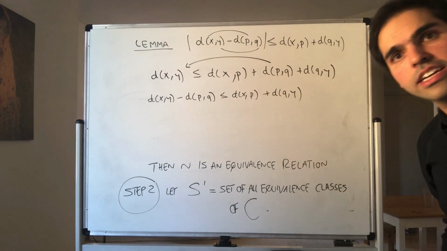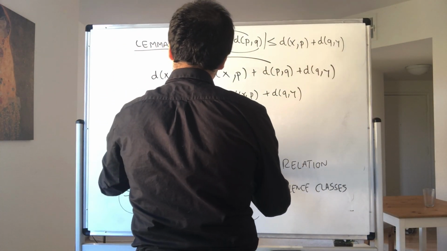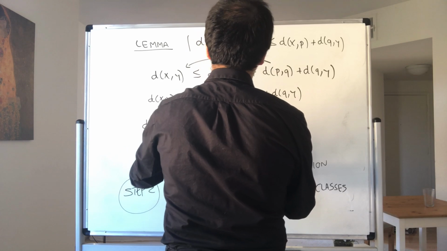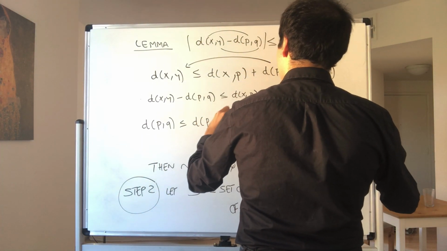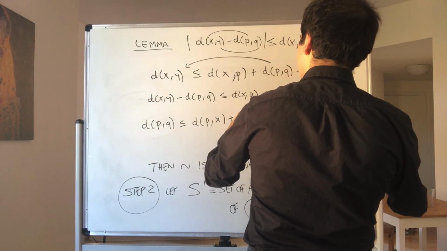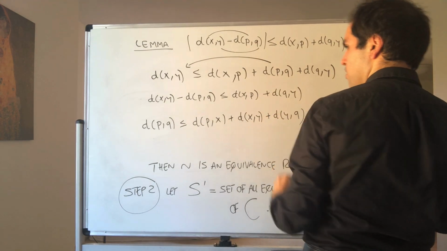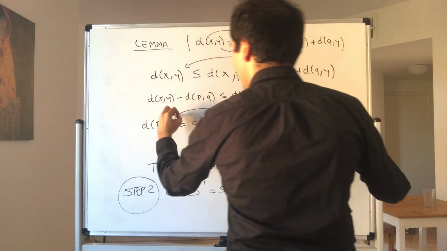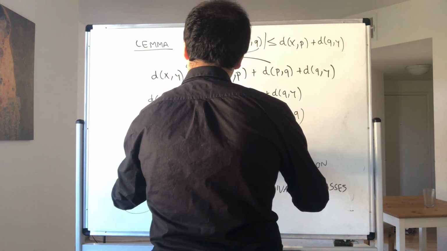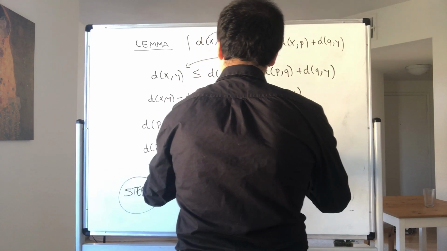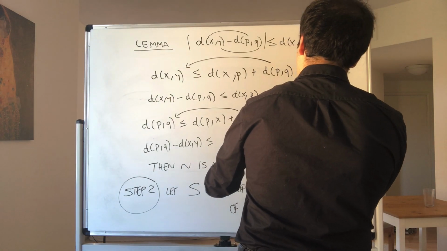And similarly, you can do the same spiel with dpq. So in general, dpq is less than or equal to dpx plus dxy plus dyq. And again, put the dxy term here. So we get dpq minus dxy is less than or equal to dxp plus dqy.